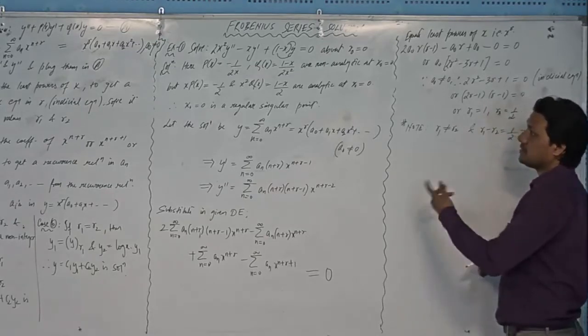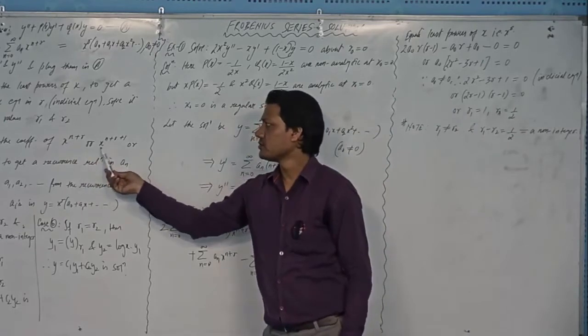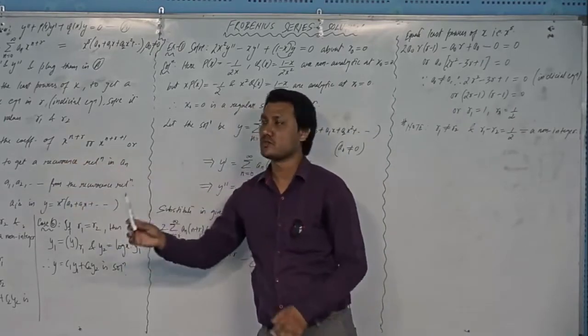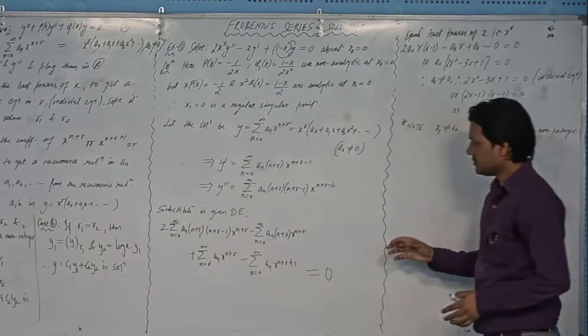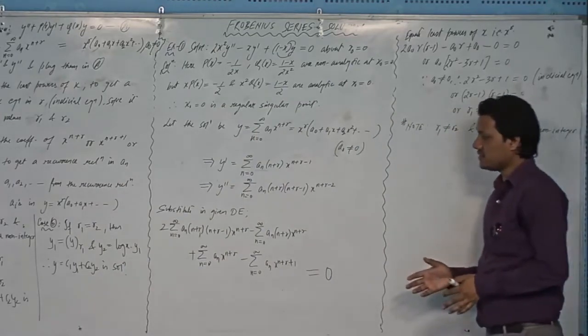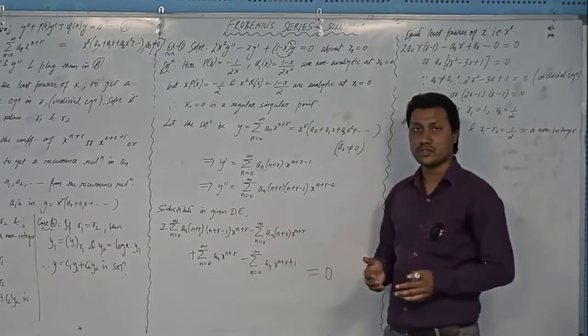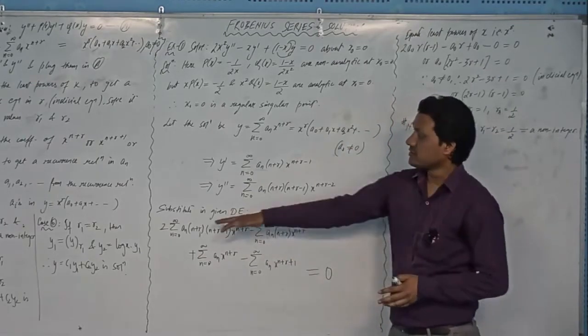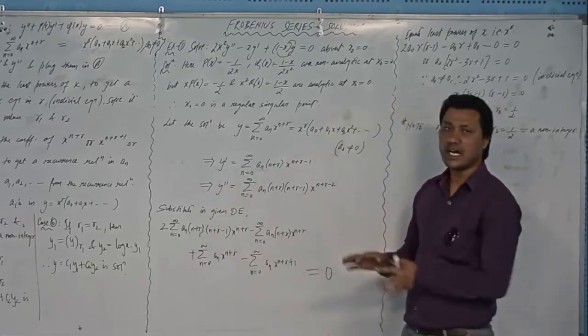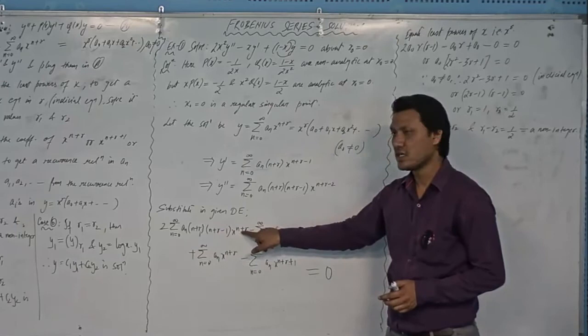I will compare the coefficient of x to the power n plus r, or x to the power n plus r plus 1, or x to the power n plus r plus 2, any coefficient of them, and that depends on the numerical. If you see the visible highest coefficient, I should not use the word highest because the range is running to infinity, but the first in this summation, the coefficient is x to the power n plus r.